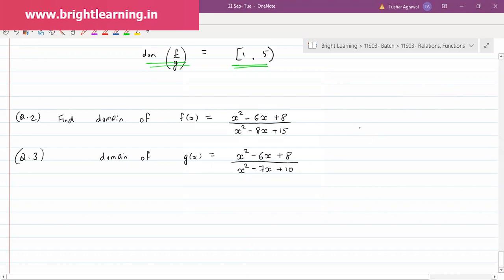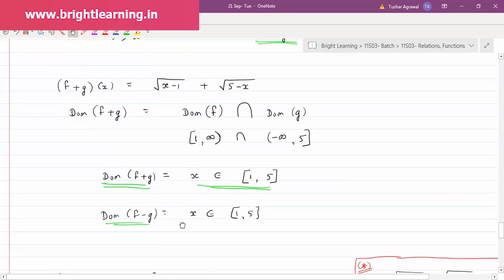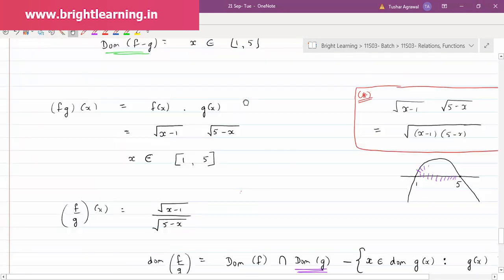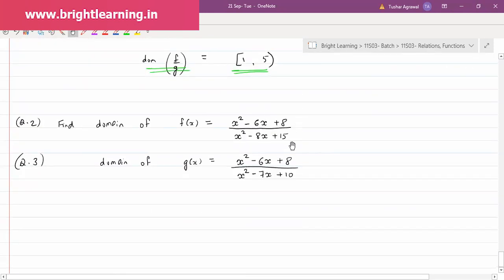Okay. Just concentrate on question number 2. This question is nothing but a direct format of the previous question. In the previous question, I gave you f separately, g separately, and then I told you to find the domain. Now I'm not giving a numerator function separately and a denominator function separately and then asking you to find the domain of numerator upon denominator function.